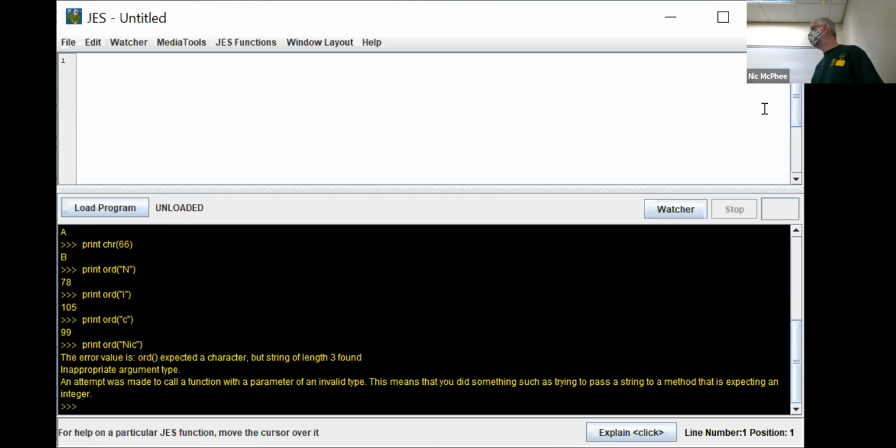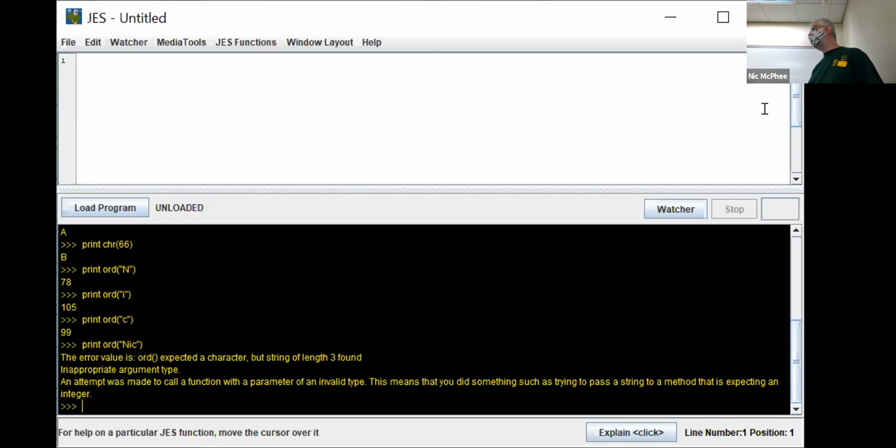Yeah, not so much. I get a great icky error message. It says the error value is ORD expected a character, but a string of length 3 was found. So instead of giving ORD a string with 1 character in it, you gave it a string with 3 characters in it, and it was like, yeah, I don't know what to do with that. And so it just died.